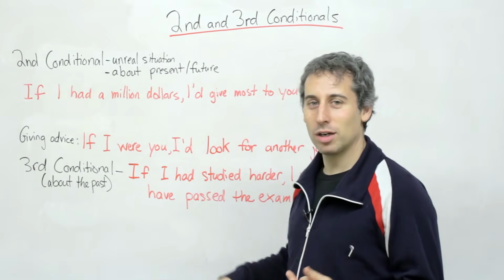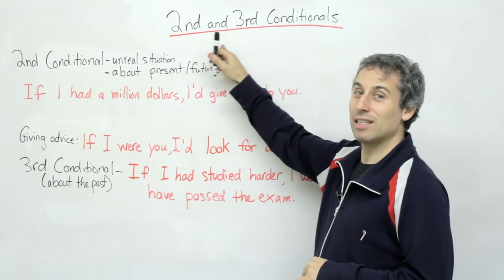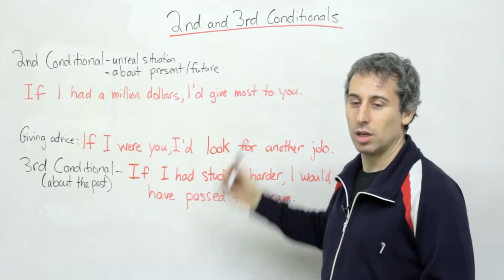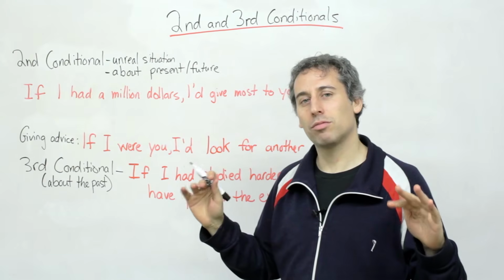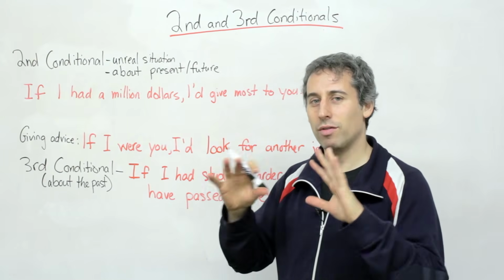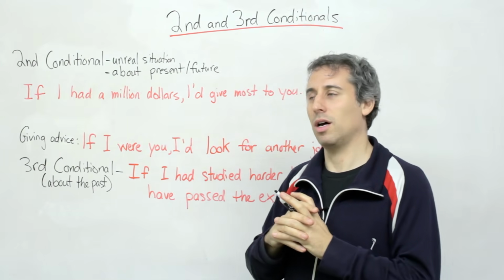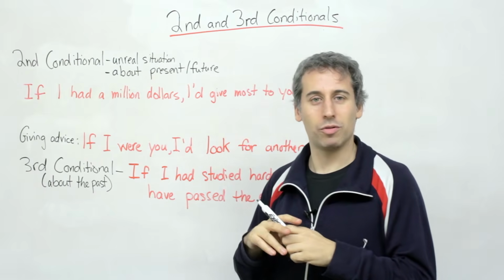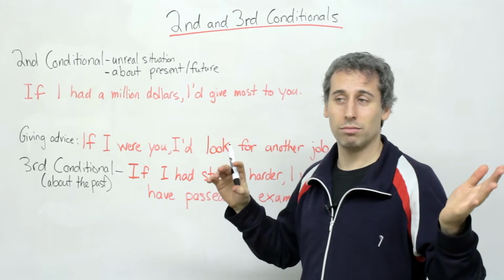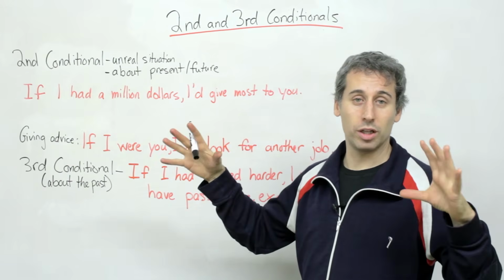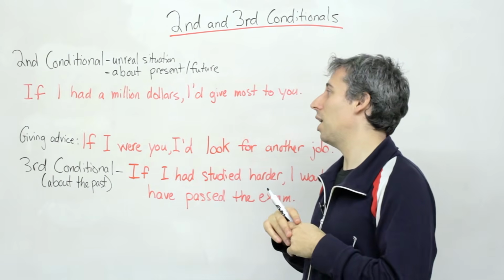Okay, so today we're going to talk about the second and third conditionals. This is something we have in English, and I think there are actually quite a few languages that don't have this type of structure called the conditionals. You might have already learned about the zero conditional or first conditional.